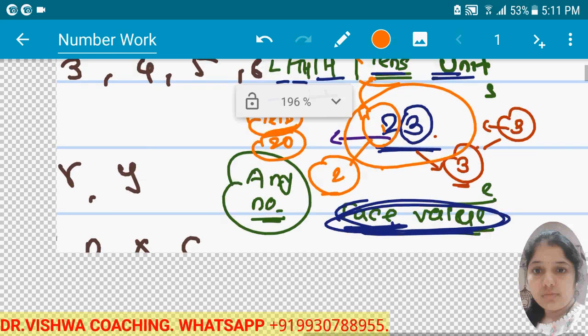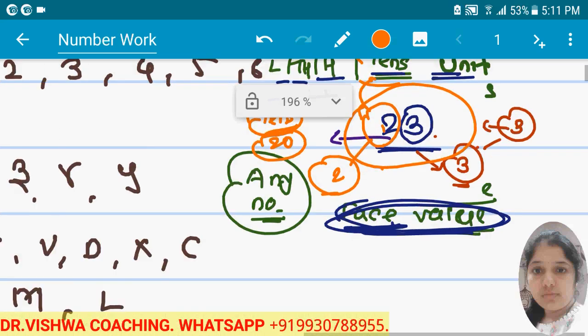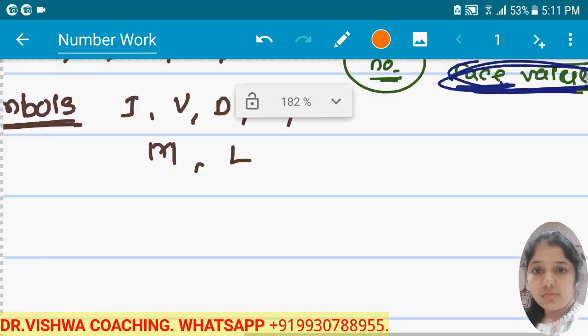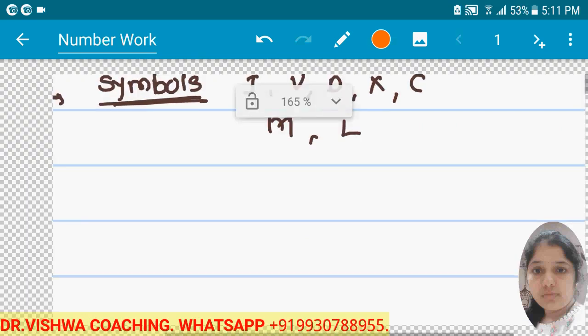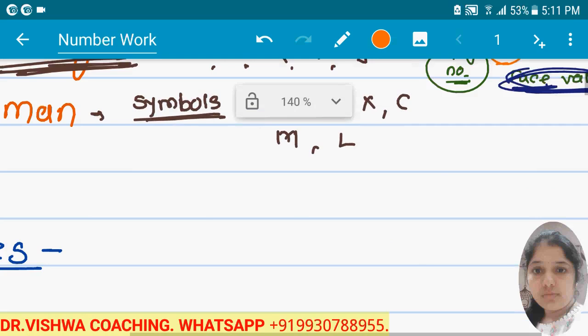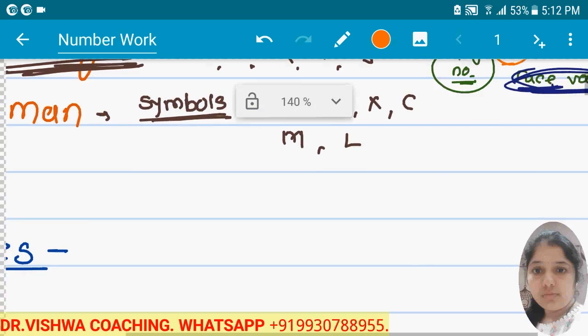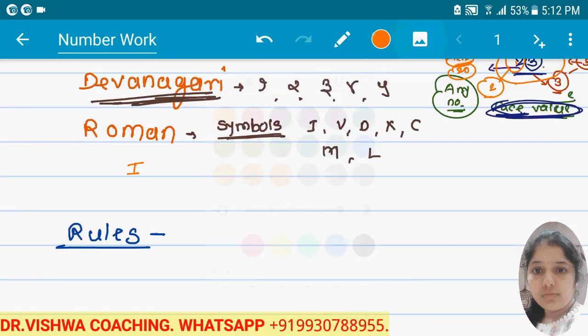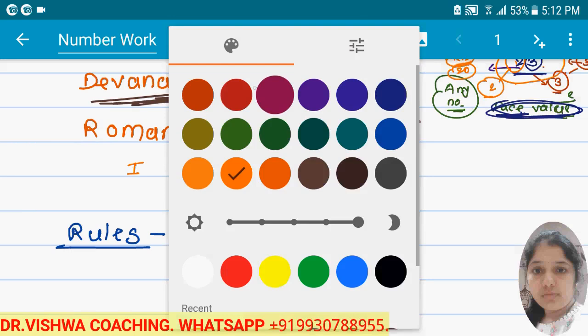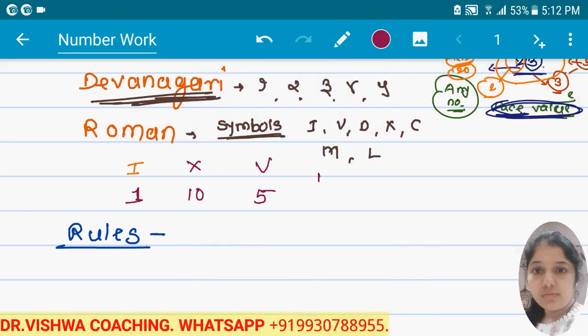Now for Roman numbers, when we use the symbols I, V, X, L, C, D and M, we already know what they represent. I represents the number 1, V represents 5, X represents 10, L represents 50, C represents 100, D represents 500, and M represents 1000.